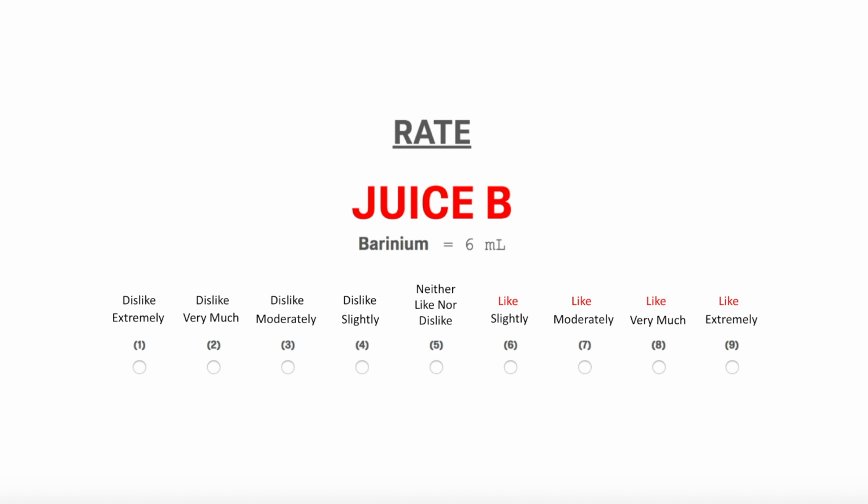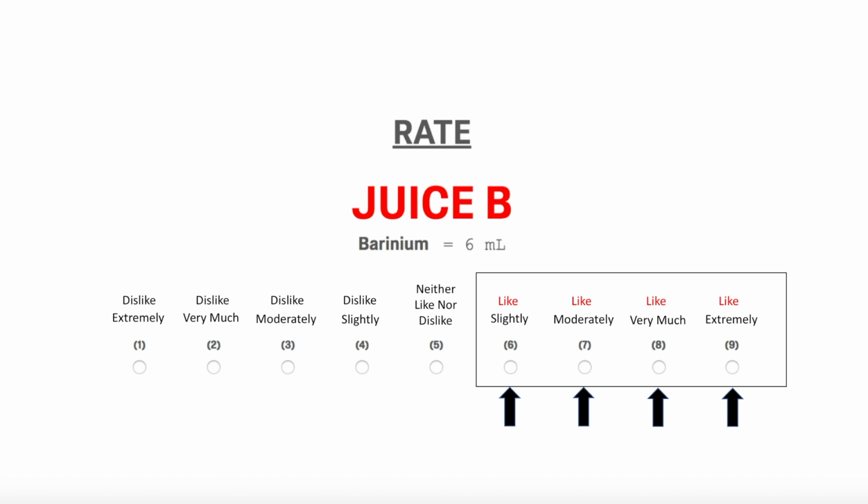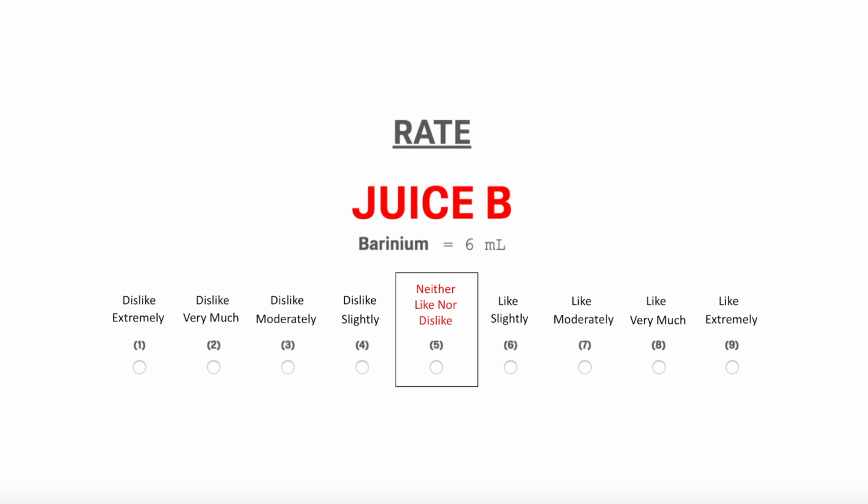If you like the sample, your rating will fall on the right side of the scale from 6 to 9, and you can indicate how much you like the sample by selecting like slightly, moderately, very much, or extremely. If you neither like nor dislike the sample, select the middle option. When making your ratings, you should click on the response option that best describes your reaction to the juice.